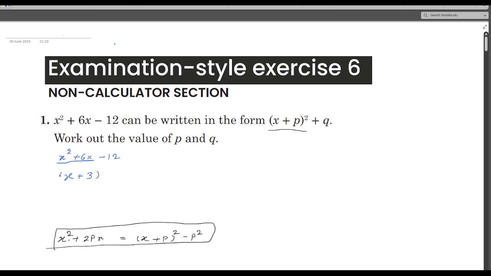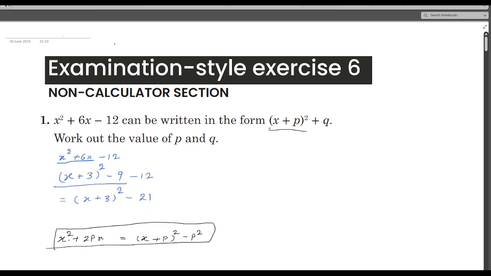So it is (x plus 3) the whole square minus p square, that is minus 3 square, which is 9, and minus 12. Okay, so x square plus 6x can be expressed like this. Now further simplification will give me (x plus 3) the whole square minus 9 minus 12, which is minus 21.